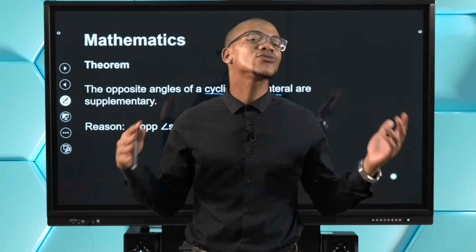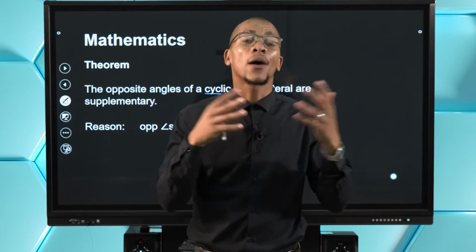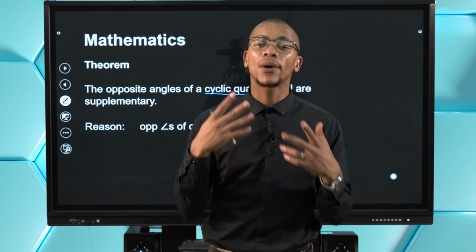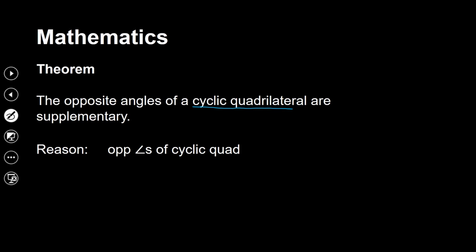So it doesn't really always have to be concyclic, no. I will show you what I'm talking about as well at a later stage, right? And then our reason is we normally just say opposite angles of a cyclic quad. Some people normally write C/Q to represent cyclic quadrilateral. That's really still acceptable for you to write.